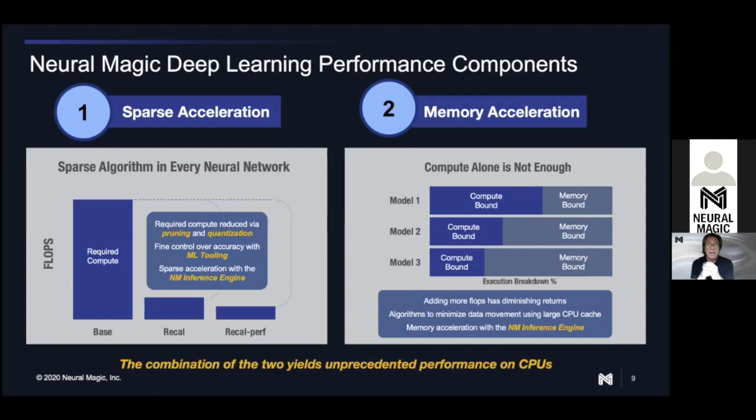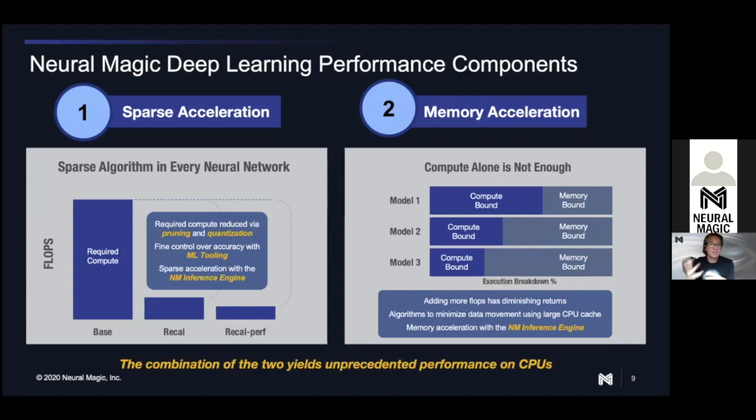But what Nir and Alex realized is that you can dramatically decrease the amount of compute required and do so without sacrificing accuracy. So we can use techniques like pruning and quantization to compress the model. We'll show you how we do that with some of the tools, but we also have algorithms that accelerate sparse computation. They're designed to get performance benefits from this sparse computation, right?